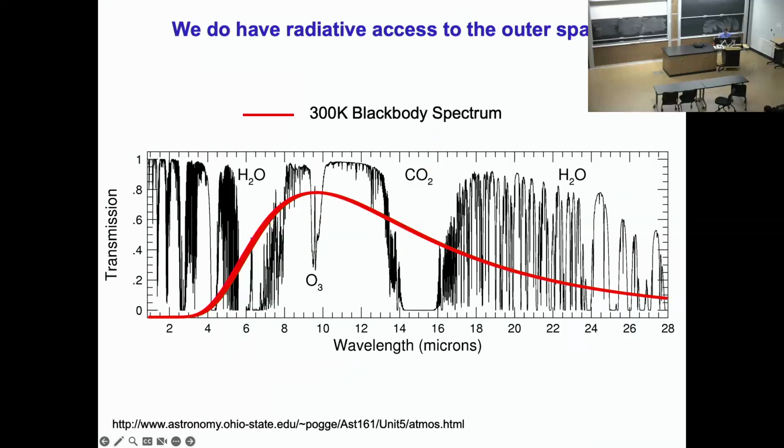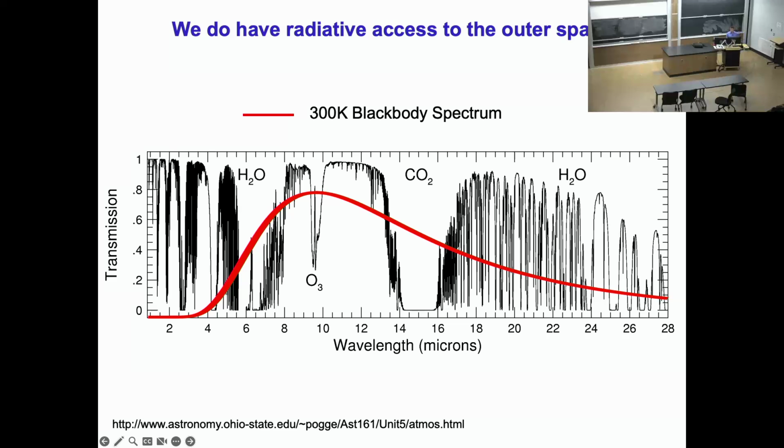Photonics comes in because we have radiative access to outer space. The black curve here is the transmission spectrum of an atmosphere. The notable feature here is that the atmosphere is quite transparent in the wavelength range between 8 to 13 micron. And that wavelength range coincides with the peak of a 300 Kelvin black body.